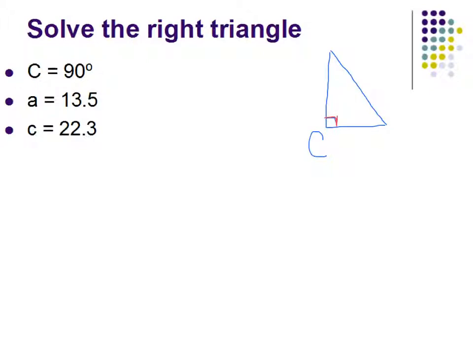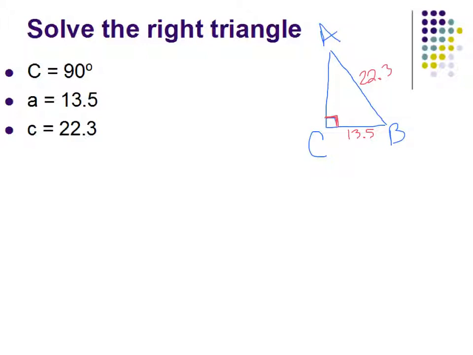So here's my angle C, and I know, okay, so that one was given to me. I know that that's a right angle, and I know the side across from that is little c, and that's 22.3. And then, I don't know, put A and B wherever you want. Okay, and so the other thing that they gave me is little a. So side A is across from angle A, so that's 13.5 right here.